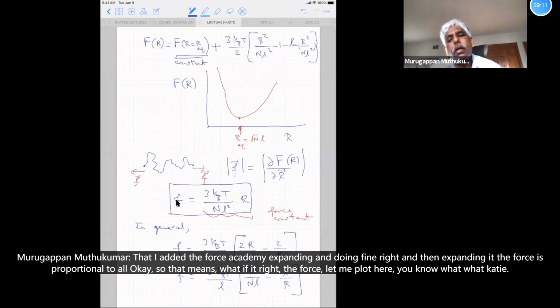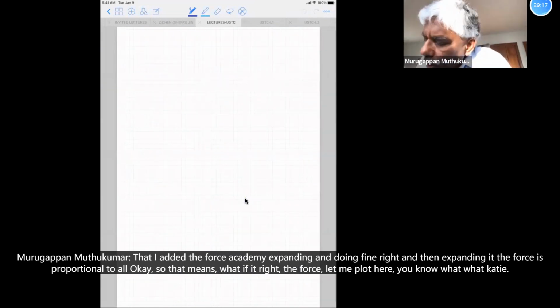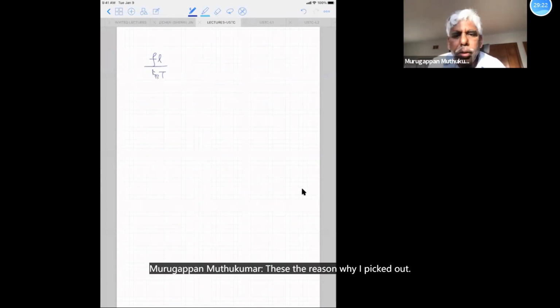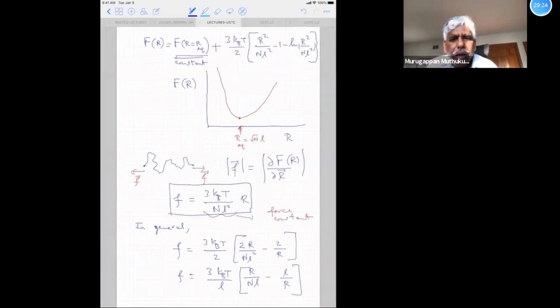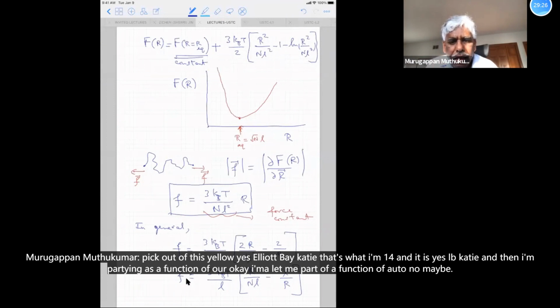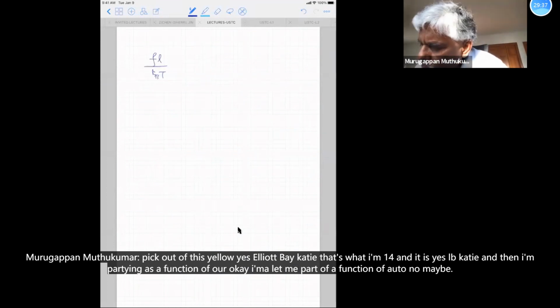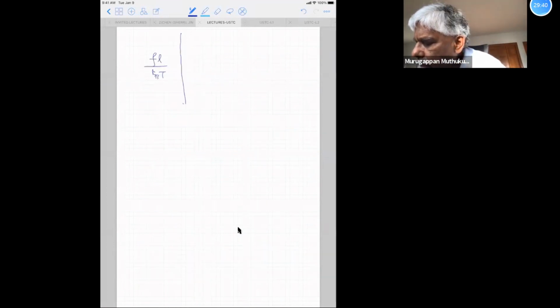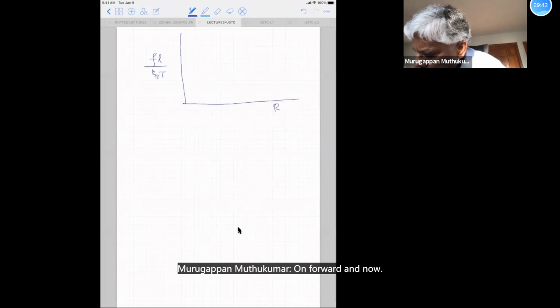When I'm expanding it, the force is proportional to R. So if I plot F L over kT, that's what I'm plotting as a function of R over NL.